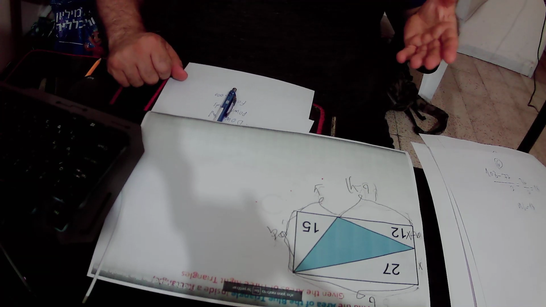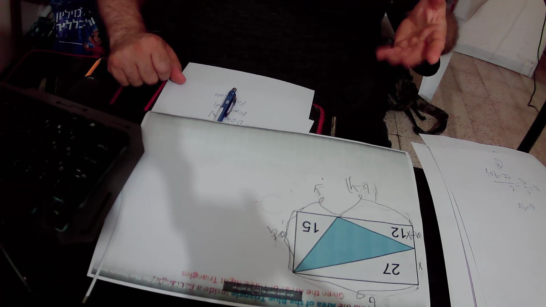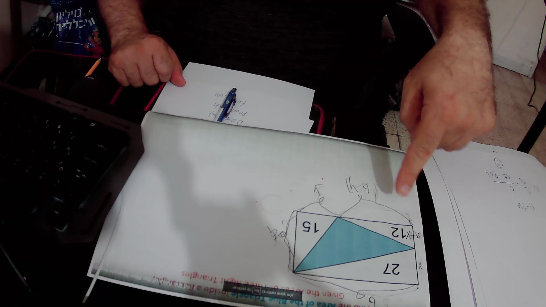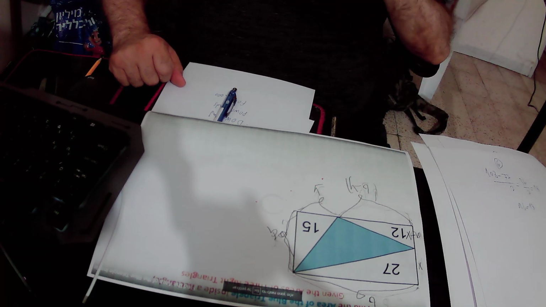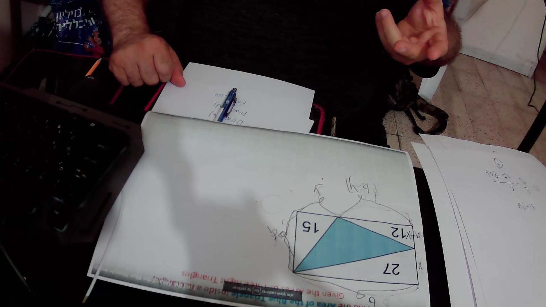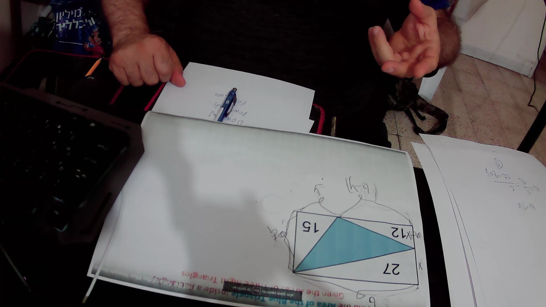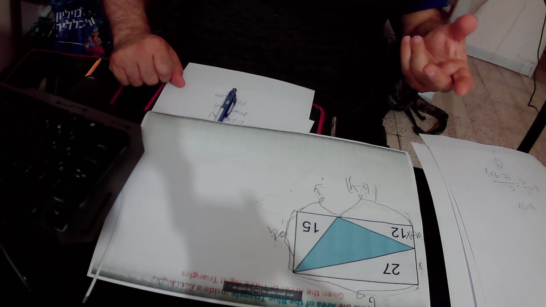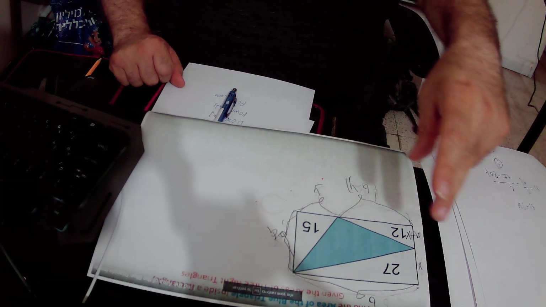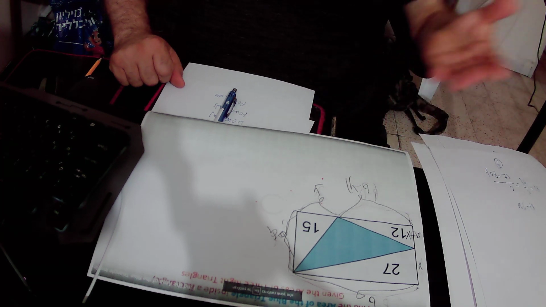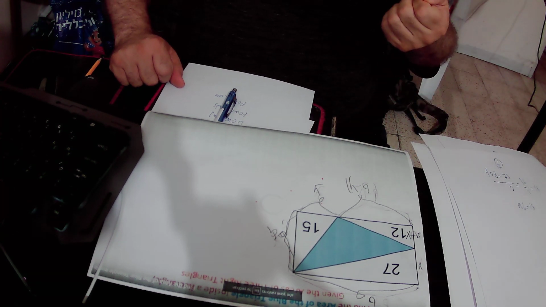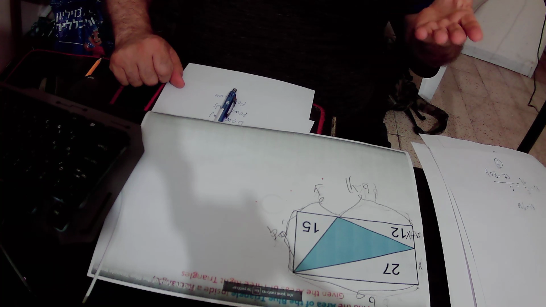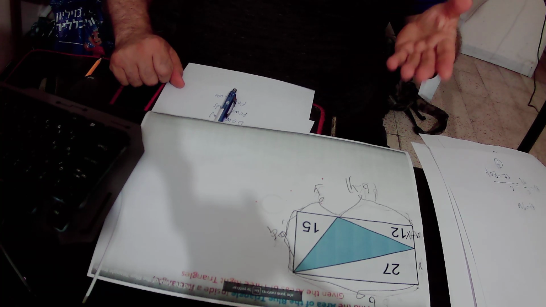So, as you can see, the sum of the areas of the three triangles is 54 units. And the rectangle consists of those three triangles. So it is not possible that the area of the rectangle is less than 54 units.